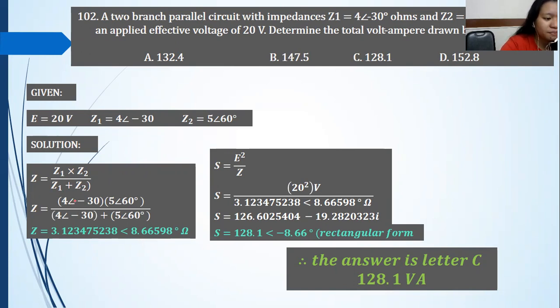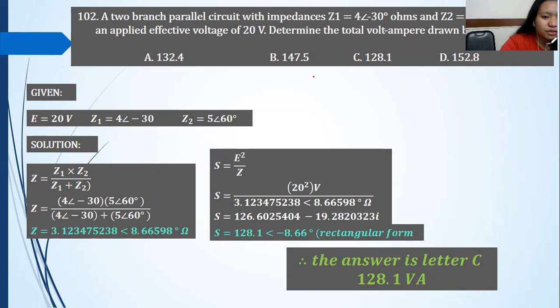We have here 4 angle negative 30 times 5 angle 60 over the sum of 4 angle negative 30 plus 5 angle 60 degrees. And we have the answer of 3.123475238 angle 8.66598 degrees. So that is for the impedance.